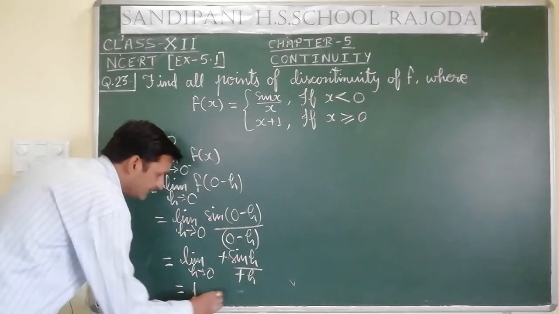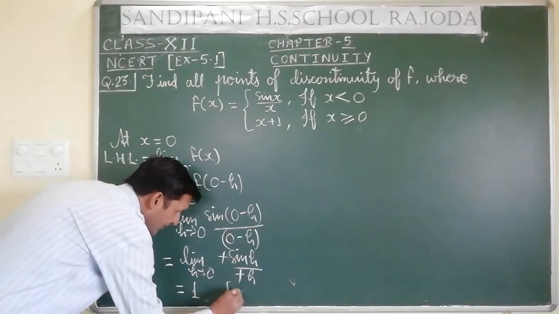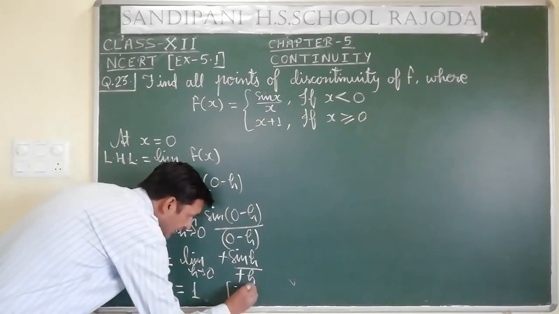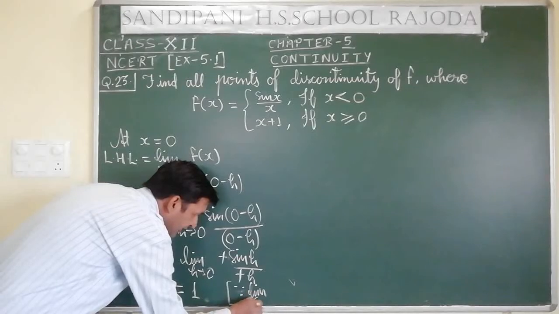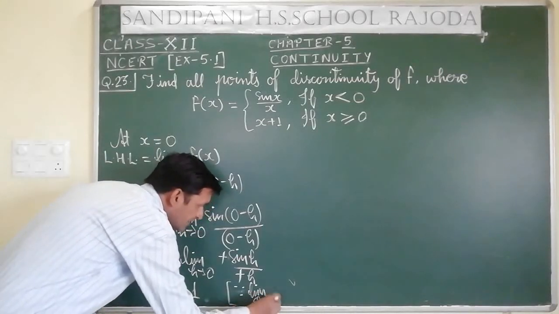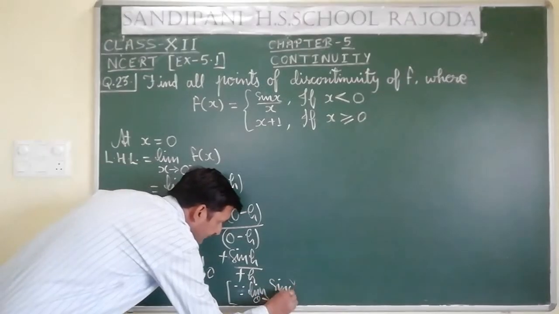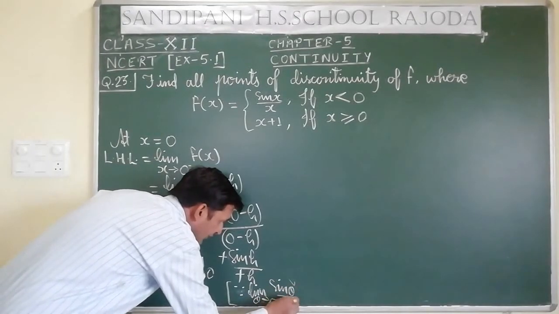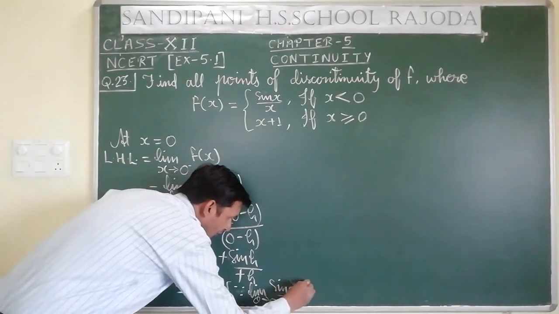So this here we have to mention, because limit theta tends to 0, sin theta upon theta is always equal to 1. This formula is applicable here.